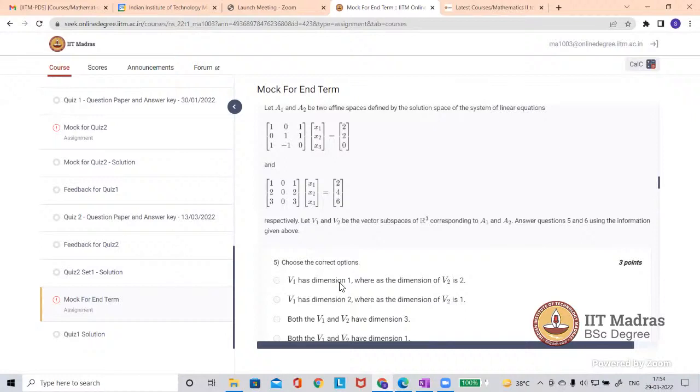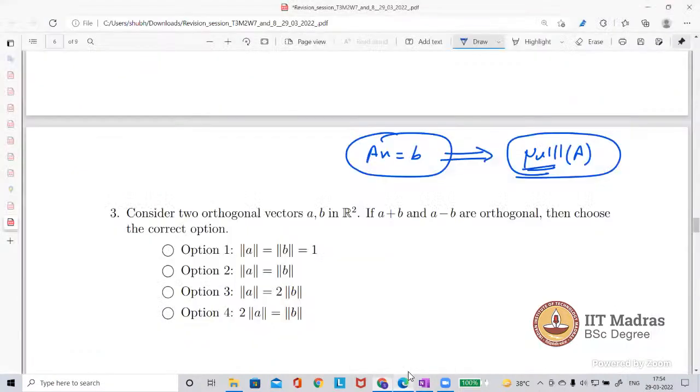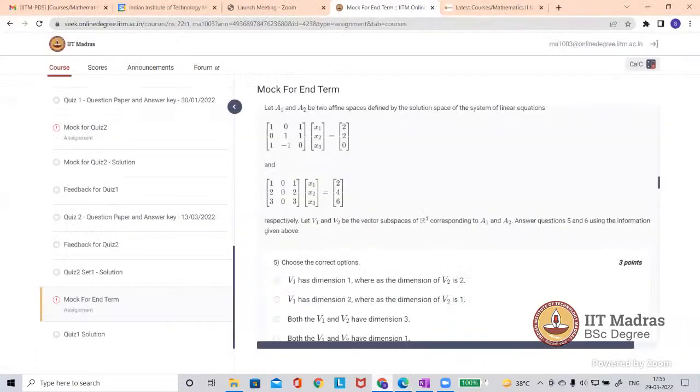So asking for the dimension, what do you need to find? The row reduced equivalent form, and then find the null space of it. But I got the exact opposite of the answer which was given.